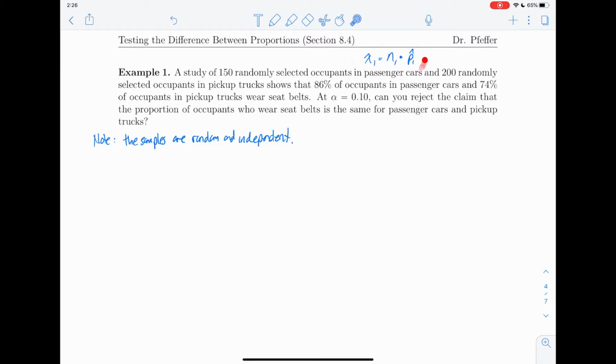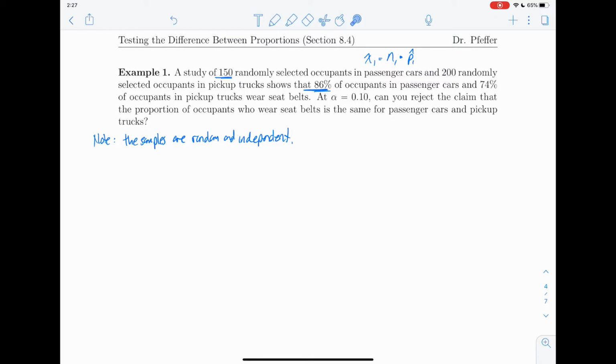So this equation allows us to, if given two of them, solve for the unknown. In this case, for example, we're given the sample size of the cars, and we're told what percentage of them wear their seatbelts. So we're given the n1 and the p1 hat. We can take their product to figure out my x1.